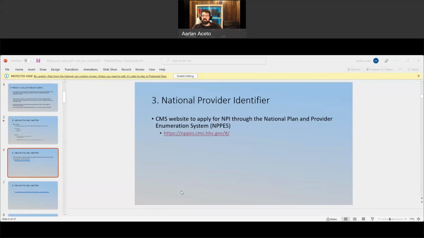So VSP, Davis, Spectera, you name it, these are all vision discount plans, as I would call them, or vision plans. I try not to refer to them as vision insurance or health insurance because they are very, very specific, or should be very specific in what it is that they do.